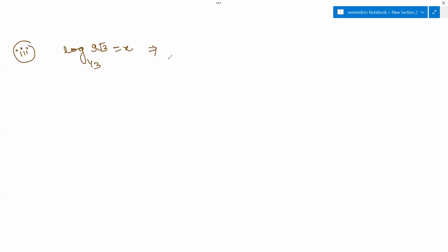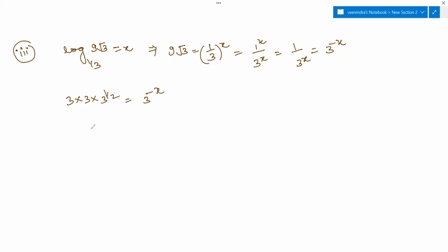So from here we can write it as 9 square root of 3 equals 1 by 3 power x, which is equal to 1 power x by 3 power x, which is 1 by 3 power x. So from here we can write 3 power minus x. 9 root 3 can be written as 3 into 3 into root 3, which is 3 power 1 by 2, equals 3 power minus x.